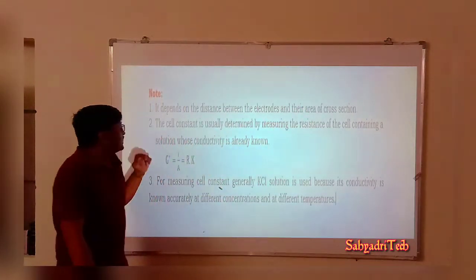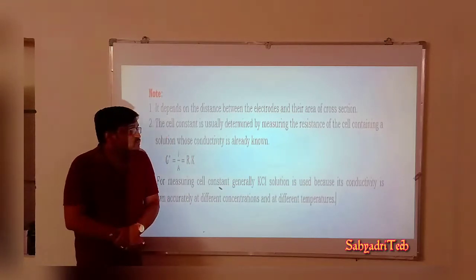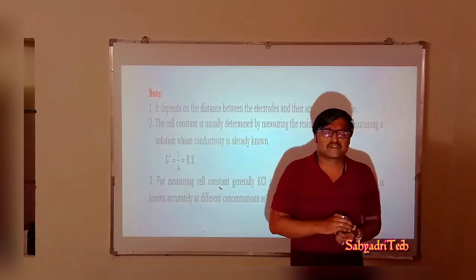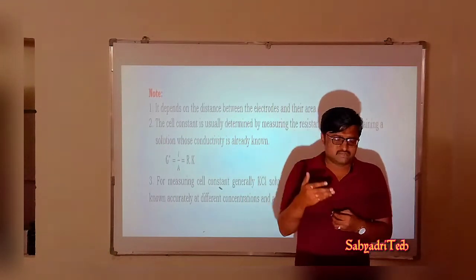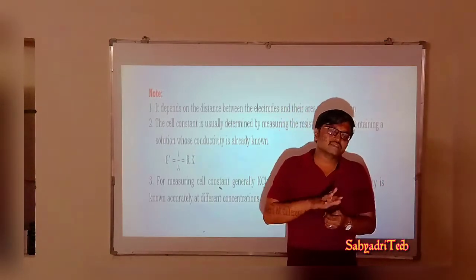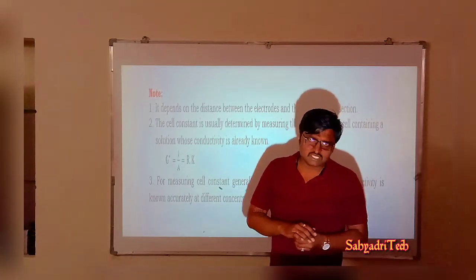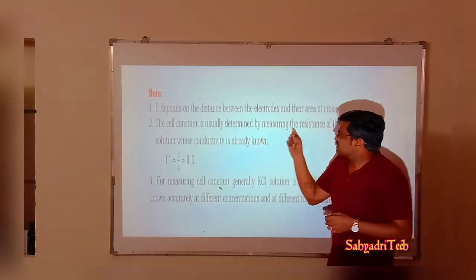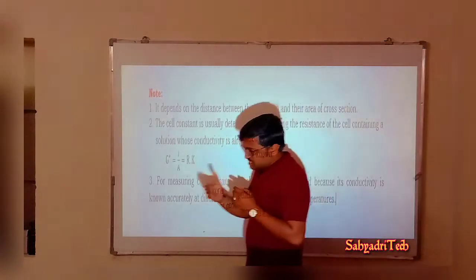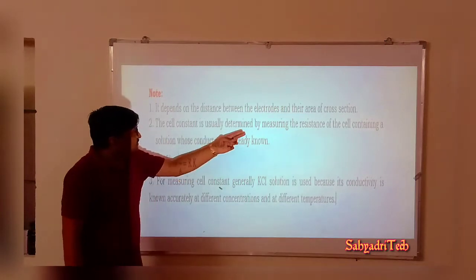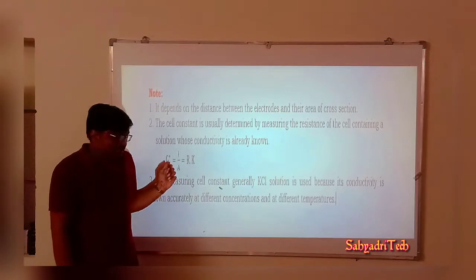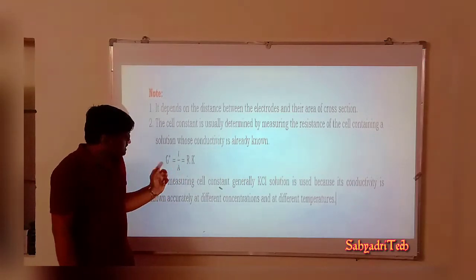Then the second point: the cell constant is usually measured. How are we going to determine the cell constant of a conductor? Not by taking the ratio of length to area of cross section, but in turn, the cell constant is measured by determining the resistance of that conductor. So first we determine the resistance of the conductor, and by knowing the resistance, we calculate the cell constant using this relation.